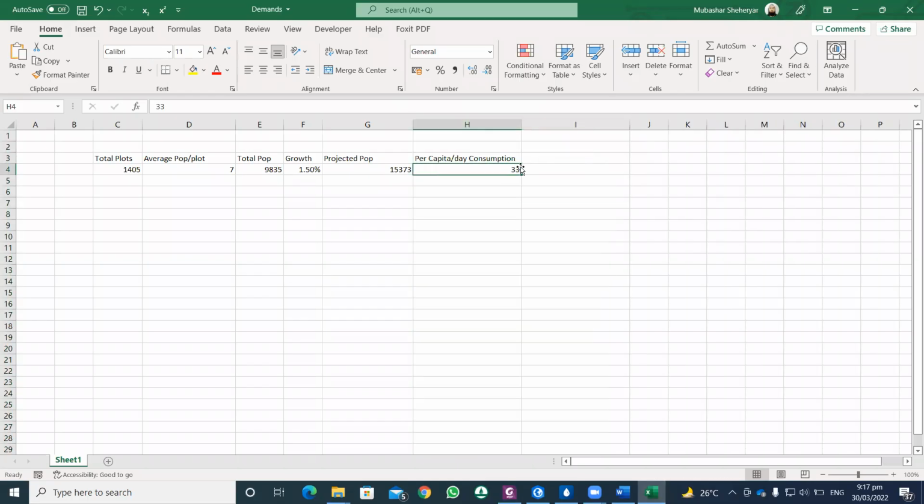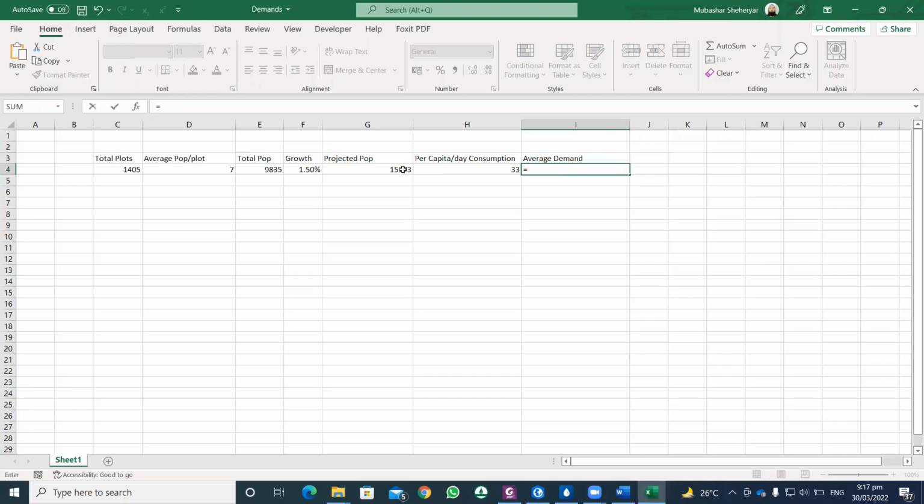To calculate the average demand, I will multiply the projected population with the per capita demand. So about 507,309 gallons per day is the average demand.